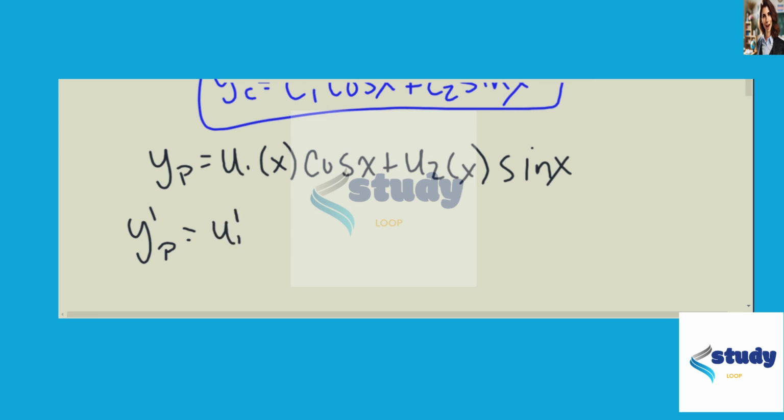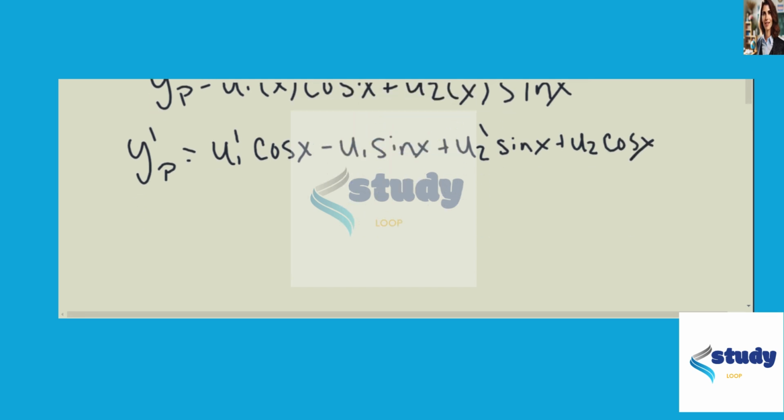First derivative would be y times u1 prime cosine x plus u2 prime sine x, minus u1 sine x plus u2 cosine x, and we set the terms that are added together to equal 0.